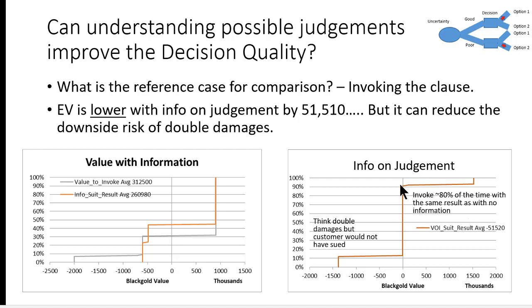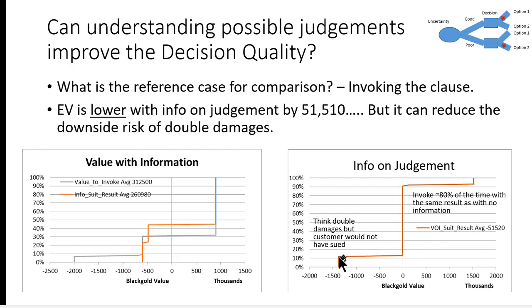So almost 80% of the time, it's the same outcome as no information, other than the fact we had to pay for the information. But there's an 8% chance where we decide not to invoke, and we would have had to pay double damages. And that is a benefit to gathering information on the judgment.